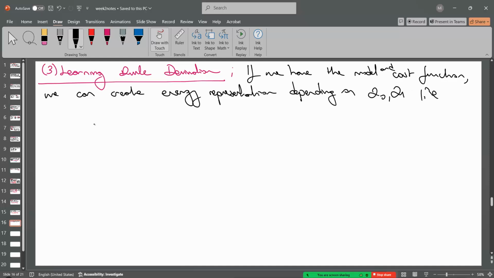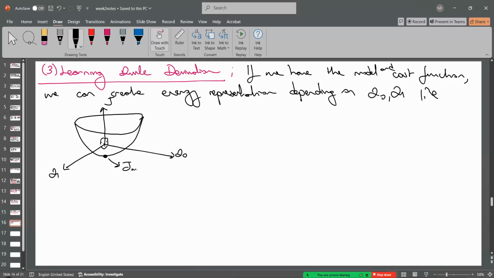For example, if we have these two coefficients, theta 0 and theta 1, which give us our model parameters, this is theta 1 and this is theta 0. Okay, and also we can build the axes here just like this, and we can create the energy function or the utilization. And also this is the J minimum values. Okay, this J is equal to 1 divided by 2 summation of e squared, right?